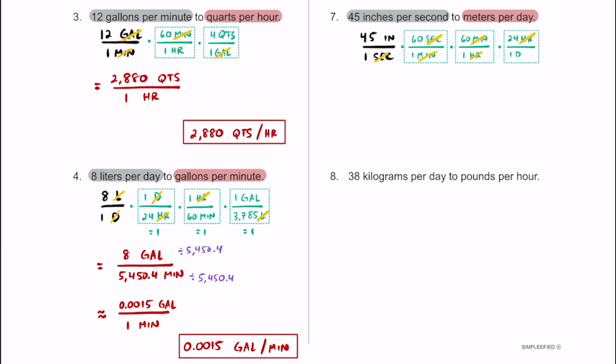So we have to somehow get inches to meters now. Now, before we can go from inches to meters, I think a good stop along the way is to go from inches to centimeters. So if we have inches on top, let's go ahead and put 1 inch on bottom. So 1 inch is about 2.54 centimeters. So I'm going to put 2.54 cm to turn this into centimeters. Now if we do that, we can see these inches are going to cross cancel nicely.